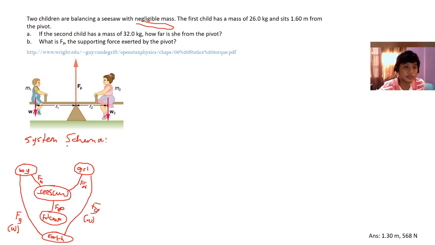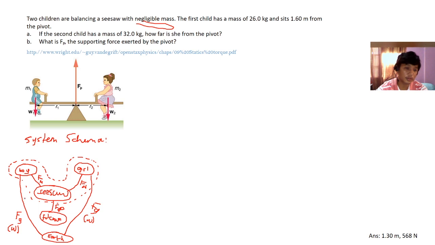So we're really focusing right now on the boy, seesaw, and girl, and so I am going to draw dashed lines around the boy, seesaw, and girl. And then we'll look at all the external factors acting on the boy, seesaw, and girl.